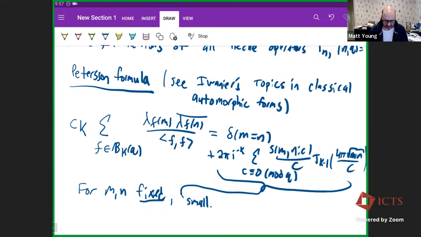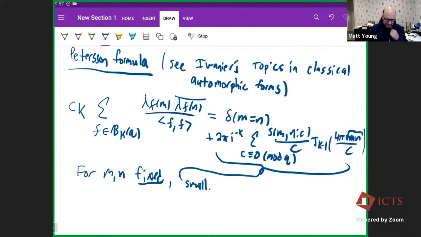It's not always true that it's small, but anyhow. So this is our Petersson formula. This is our GL2 substitute for the orthogonality of characters. So this gives us a way to average over this family of modular forms.